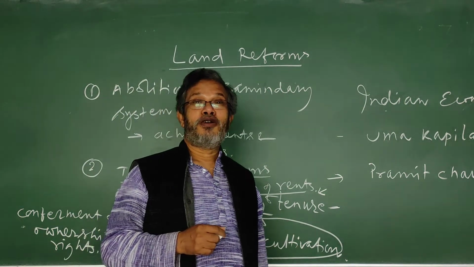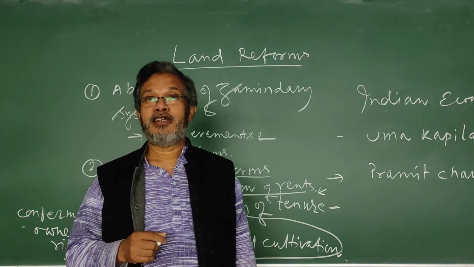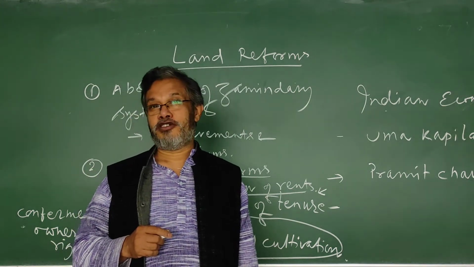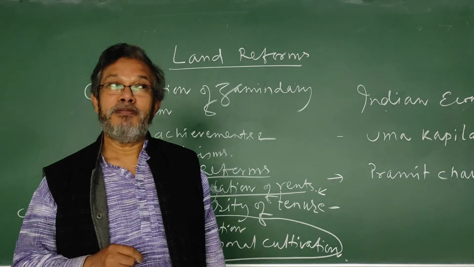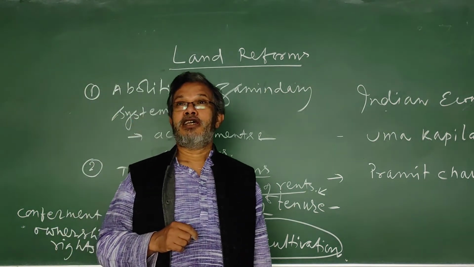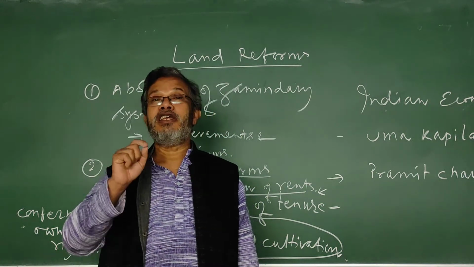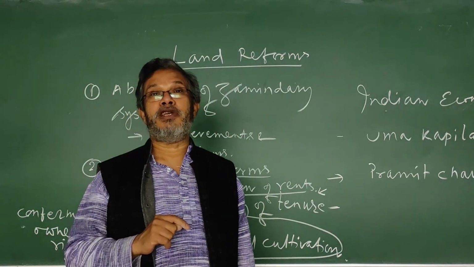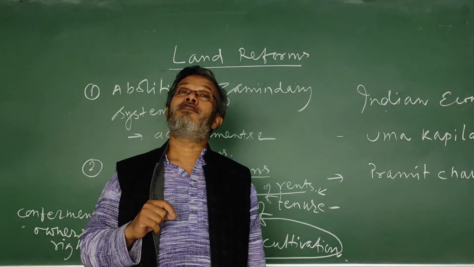That is called Benami transfer, meaning in the name of others who are not close members of the family. So if the members of the family are the reference point, then ceiling laws fail.